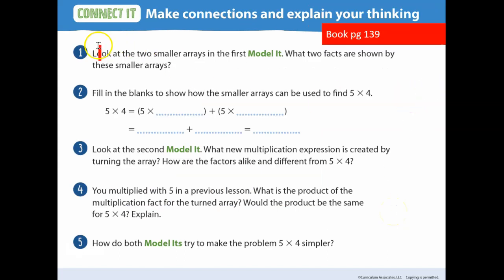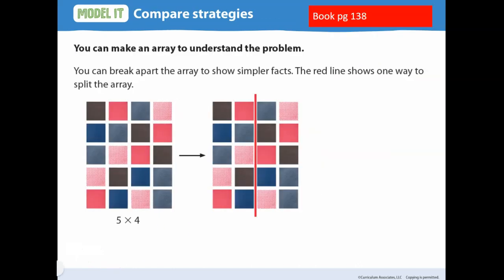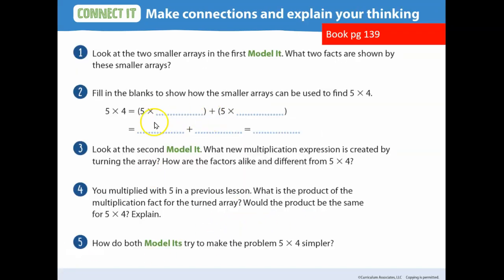It says look at the 2 similar arrays in the first model. What 2 facts are shown by the smaller arrays? Well, what did we just do? On this one, what were the two multiplication facts that you wrote at the bottom? 5 times 2. 5 times 2 were the ones that we wrote at the bottom.